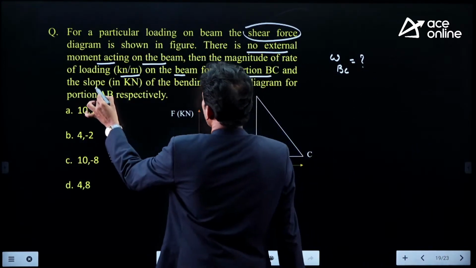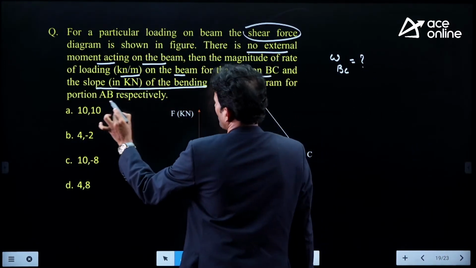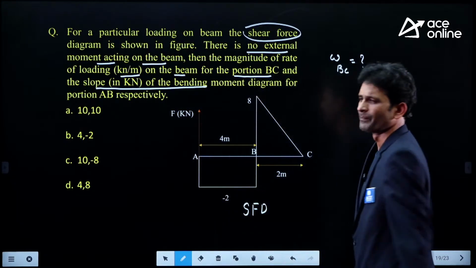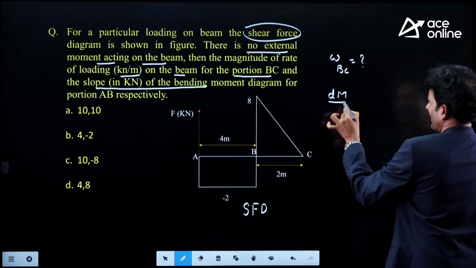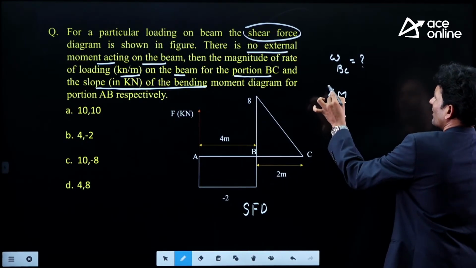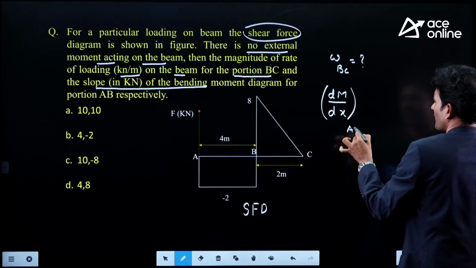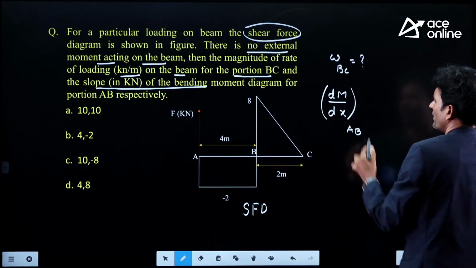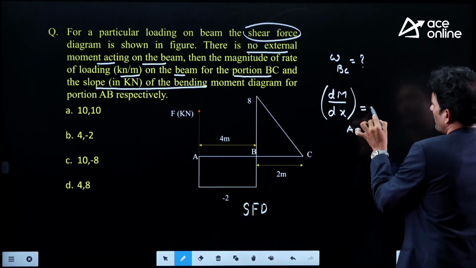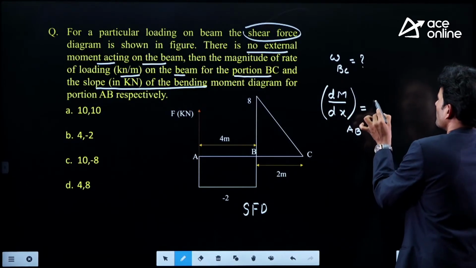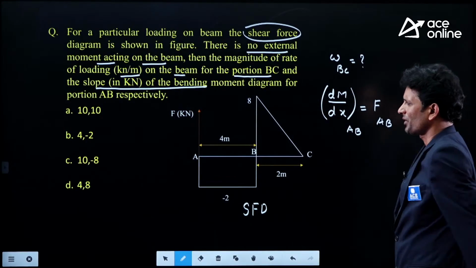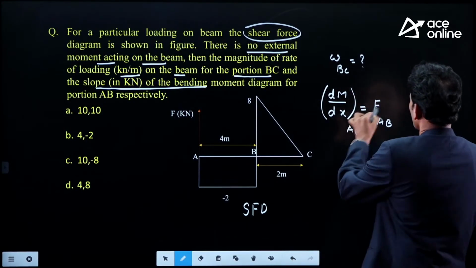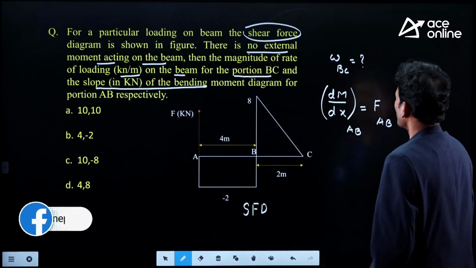And the slope of the bending moment diagram for the portion AB, dM divided by dx. The slope of the bending moment diagram at a particular section should be equal to the shear force acting at that section, as we know. These two we require, my dear friends. Now let us take this one first.